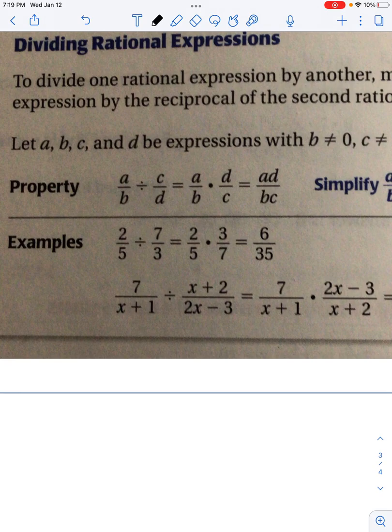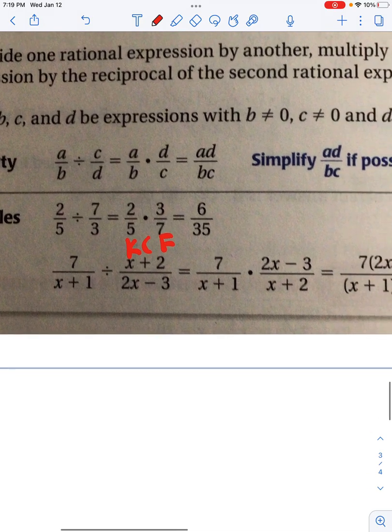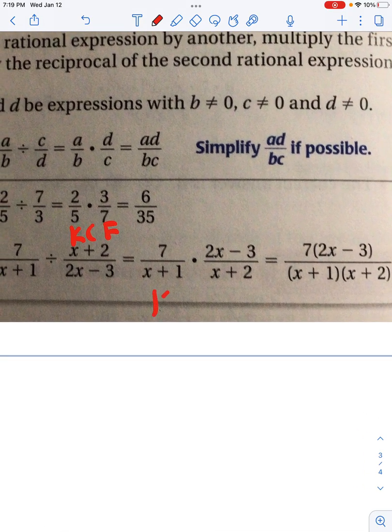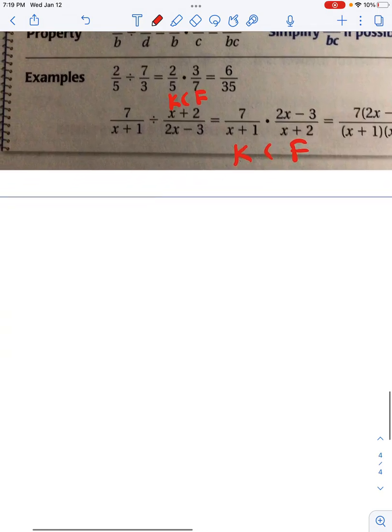Remember, when we divide fractions, we multiply by the reciprocal, which we remember as keep, change, flip, which is how they got that. And then again, they did that down here as well. Keep, change, flip.